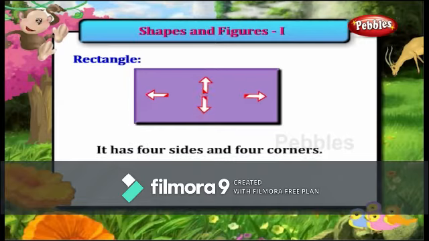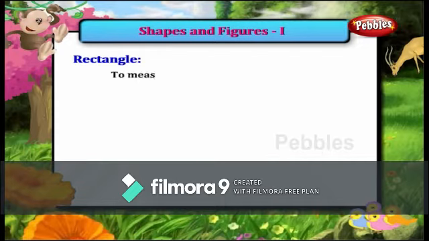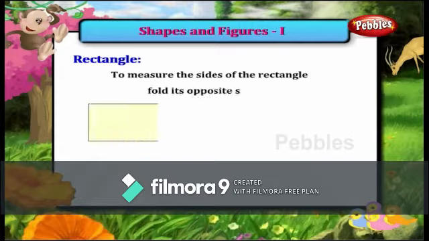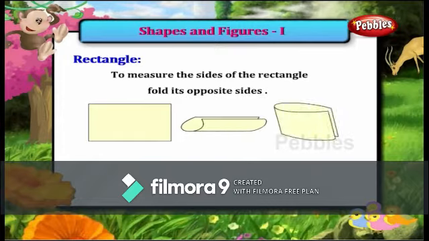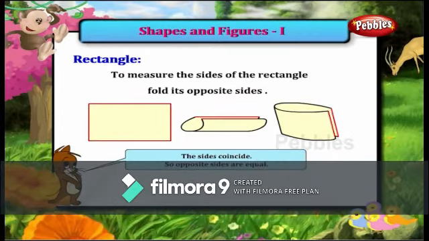It has 4 sides and 4 corners. To measure the sides of the rectangle, fold its opposite sides. What do you observe? The sides coincide. So, opposite sides are equal.